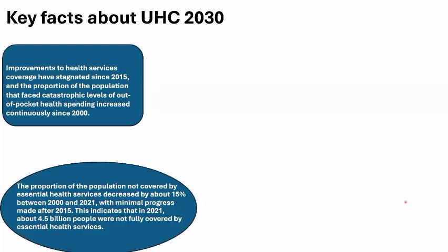Another thing is that the proportion of the population that is not covered by essential health services actually decreased by about 15%. So taking Nigeria again as an example, more than 15% of Nigerians do not even have access to essential health services. And I know that we have primary health centers in different local governments in the state.